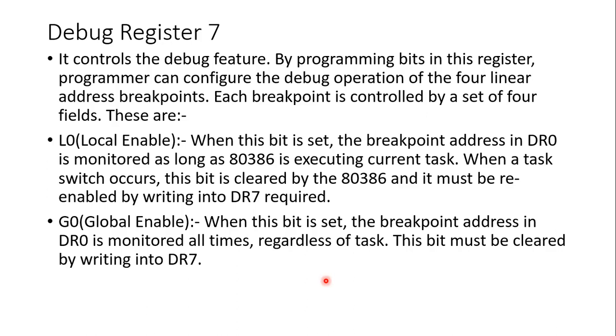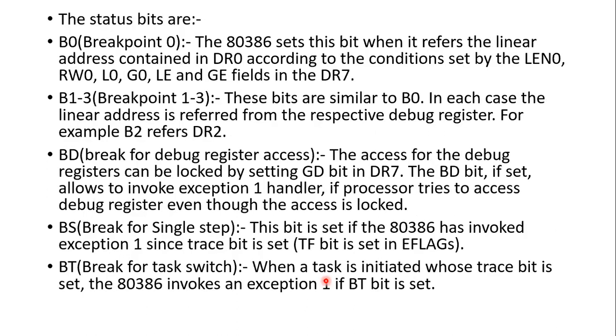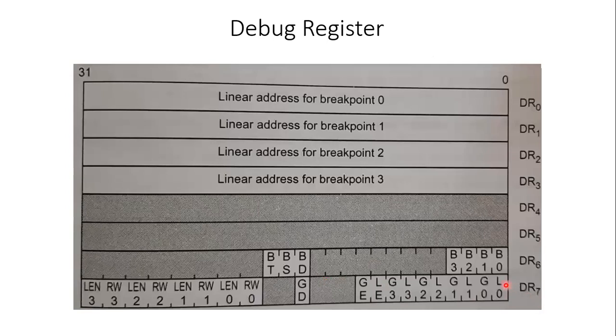So each breakpoint is controlled by a set of 4 fields. Now what are these 4 fields? See these fields: L0, G0, L1, G1, L2, G2, L3, G3. These are the 4 fields, numbered 0, 1, 2, 3.